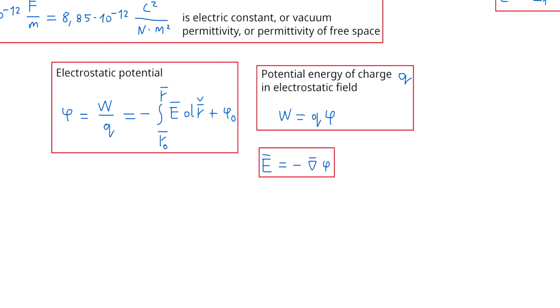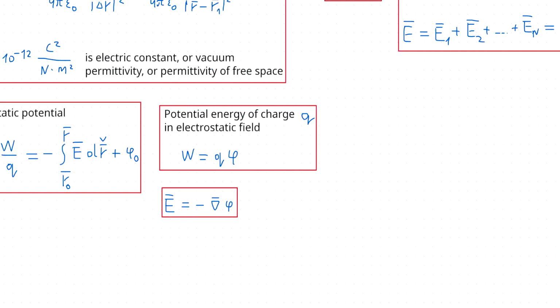And it is necessary to say that units for electrostatic potential are volts, marked as V, and units for electrostatic field intensity are volts divided by meters.